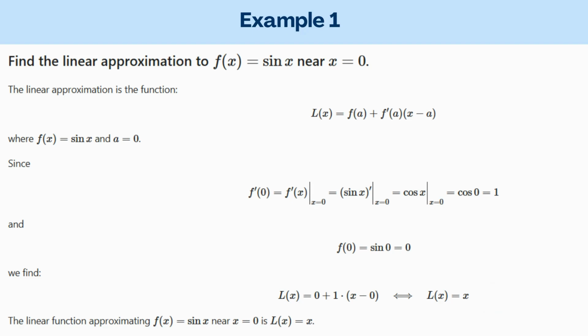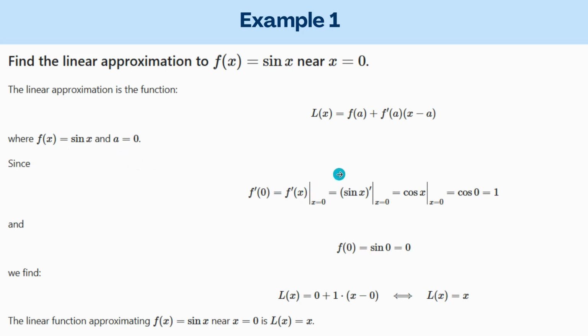Alright, let's start with a simple example to see linear approximation in action. Suppose we want to approximate sine of x near x equals 0. As we remember, the linear approximation formula for x equals a is f of a plus f prime of a times x minus a, where f of x is sine of x and a is set to 0.